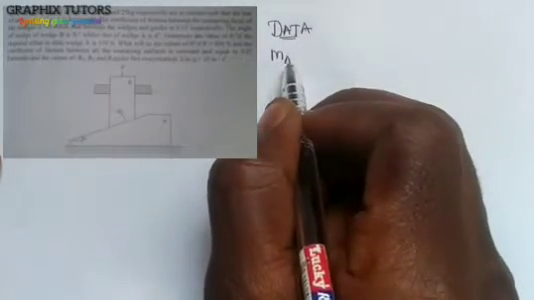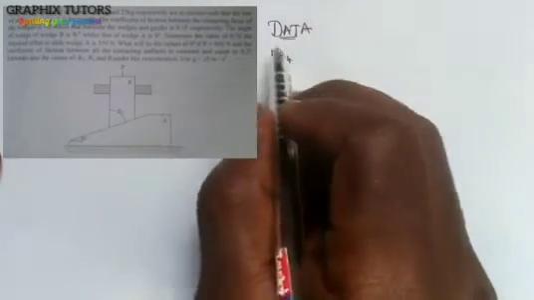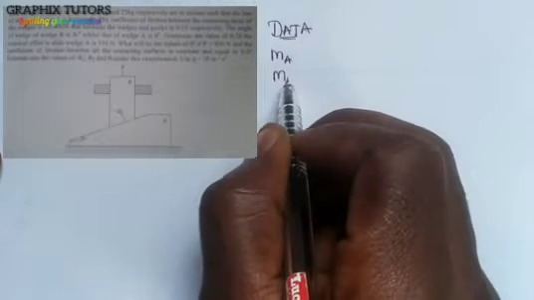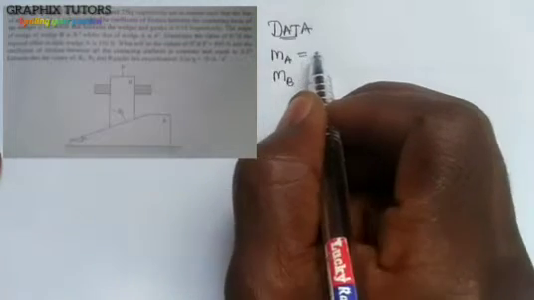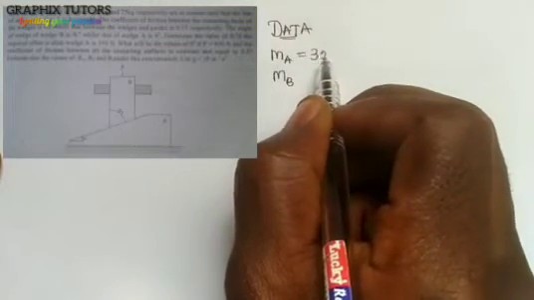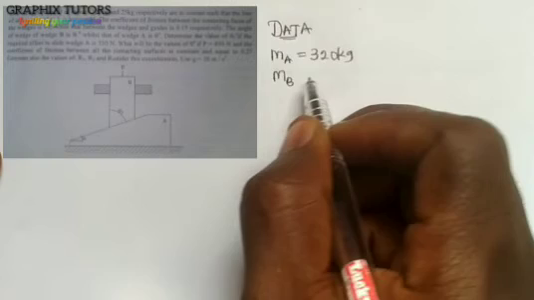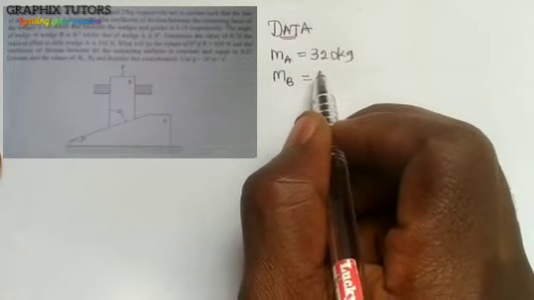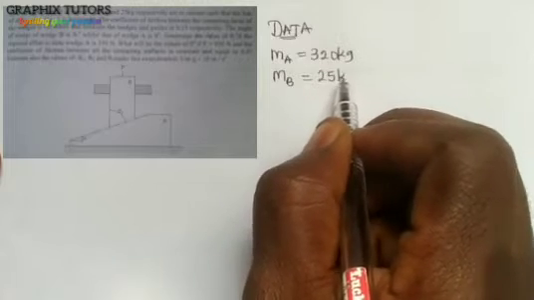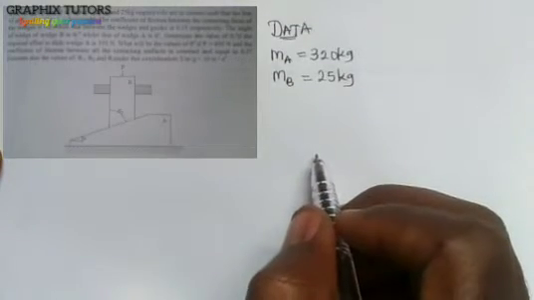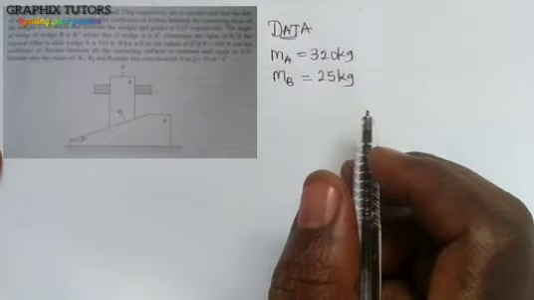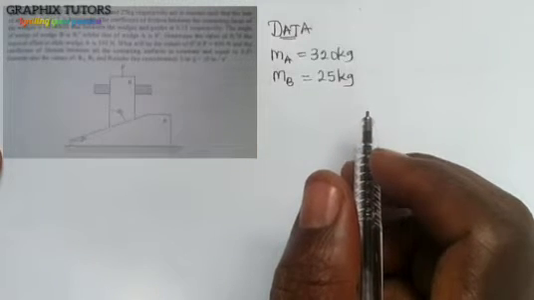The mass of wedge A is represented using this symbol, and the mass of wedge B. So for wedge A we have 320 kg, and for wedge B is 25 kg. Right? Now we move forward. It says they are in contact such that the line of action of wedge A is horizontal.